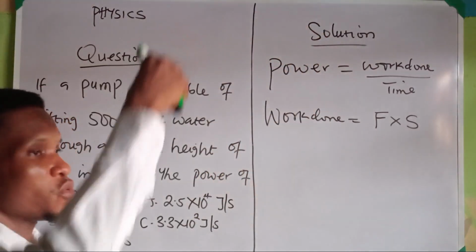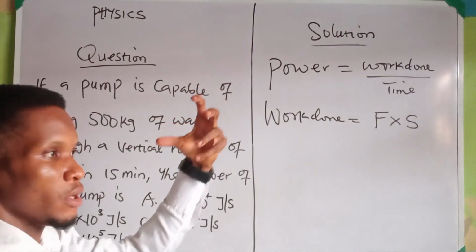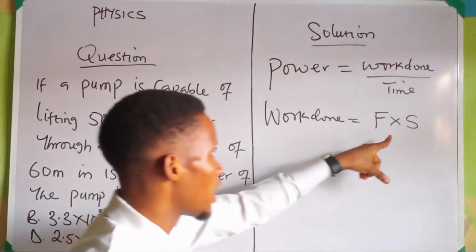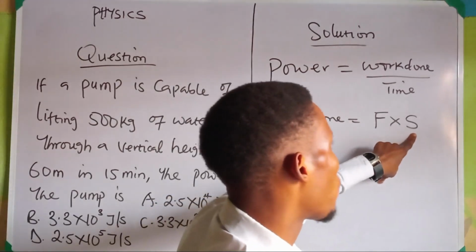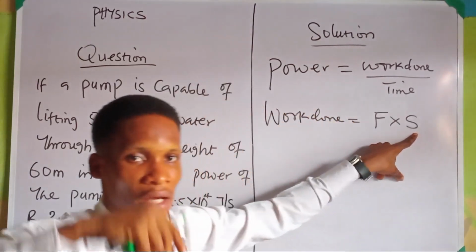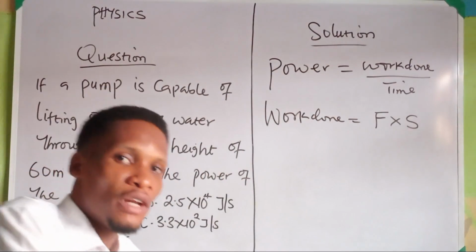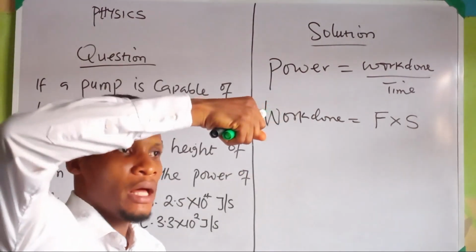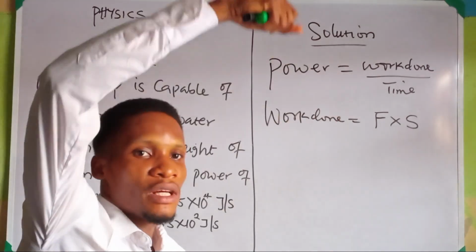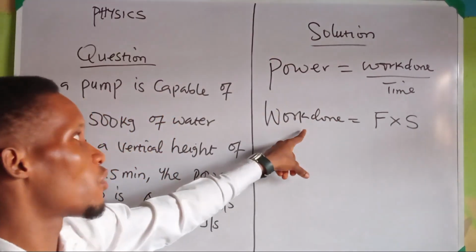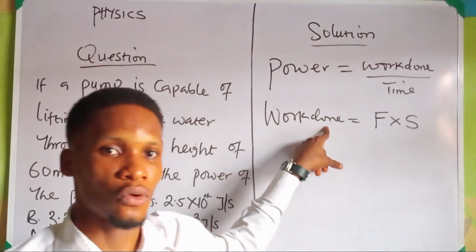It was lifted due to application of force on the load. So that is why you say force multiplied by distance. Because as the force was applied to lift a bag of water, the bag of water was lifted through a distance, and that is what will give us the work that was done on it.